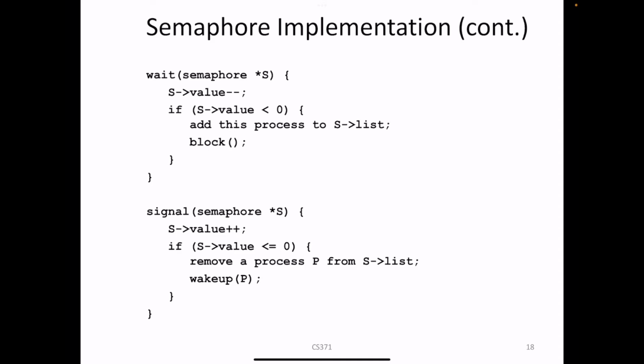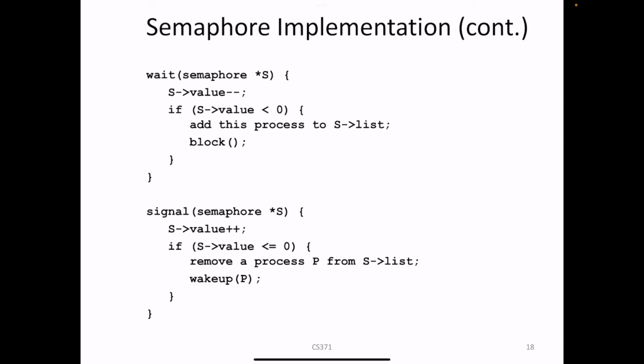If you look closely at the integer value, the absolute value of the integer value is equal to the number of processes waiting on the waiting queue. For example, at the very beginning, we set the semaphore as 1.